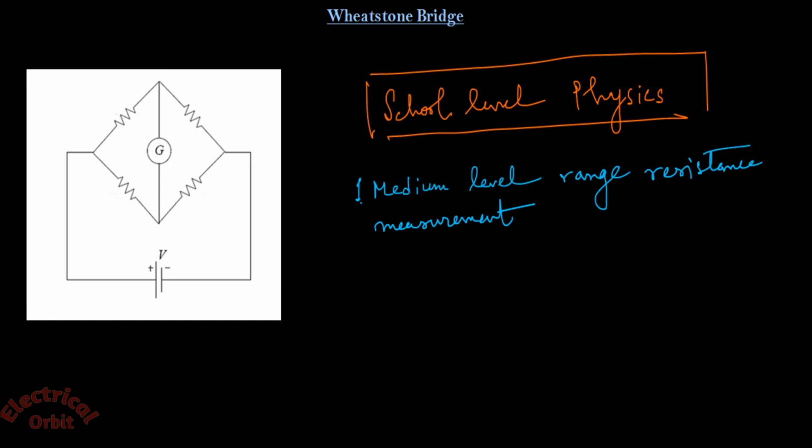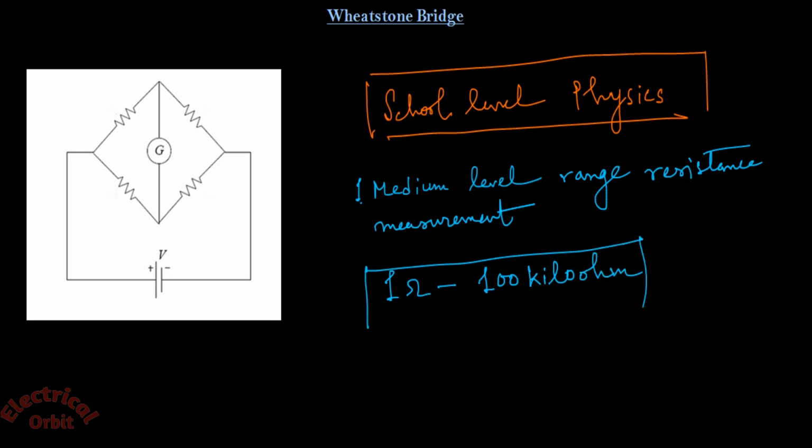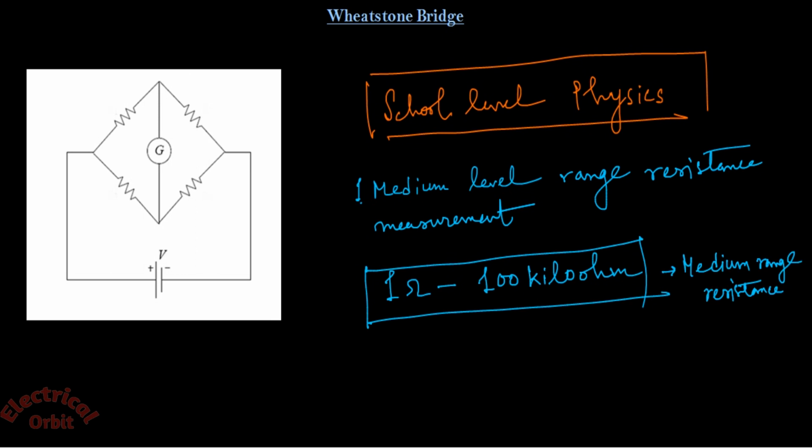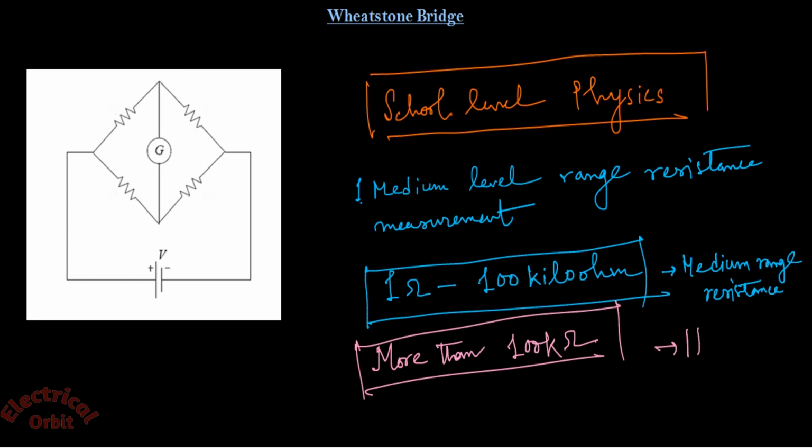Now, what is medium range resistance? It is the resistance value between 1 ohm to 100 kilo ohm. This is called the medium range resistance. Now, what is the high value of resistance? More than 100 kilo ohm is called high value of resistance.